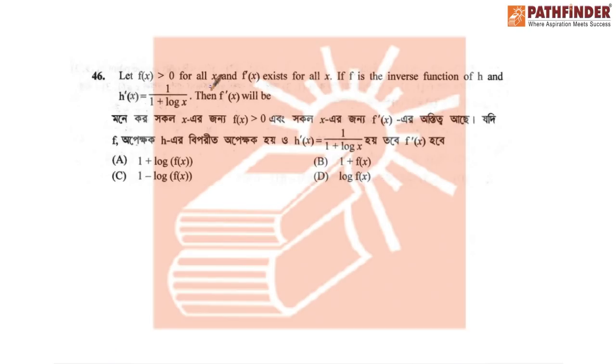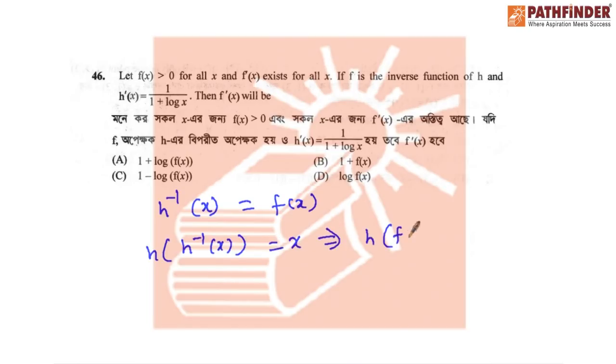f(x) is more than 0 for all x, f'(x) exists for all x. If f is the inverse function of h and h'(x) is given to us, then f'(x) will be? We know that h inverse of x is equal to f(x). We know h of h inverse of x equals x, or h of f(x) equals x.